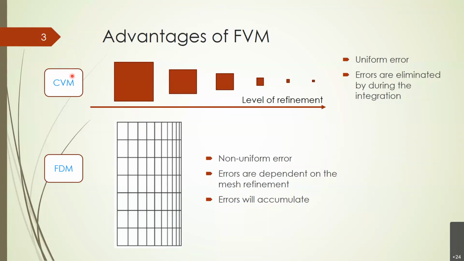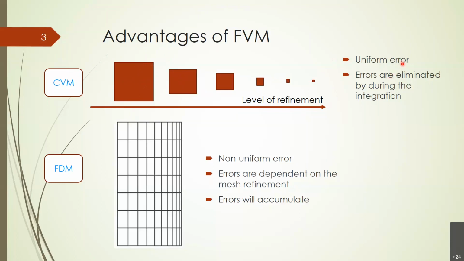In FVM, the size of the control volume is independent of the error, because as we mentioned just now, what goes in will come out. So even if there are some errors, they will be cancelled out by the in and out. So in a large control volume, with different refinement, the error will be uniform because the errors are cancelled out.